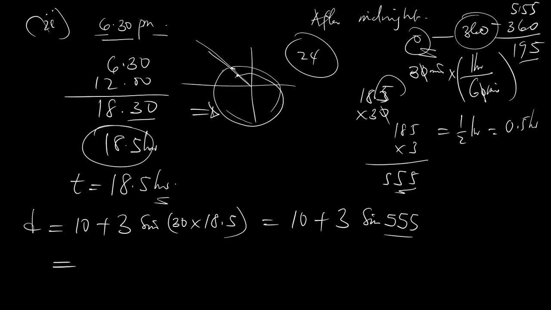If you remove 360, it will still come back to that same point. So that means we can now write this to be 10 plus 3 sine 195.